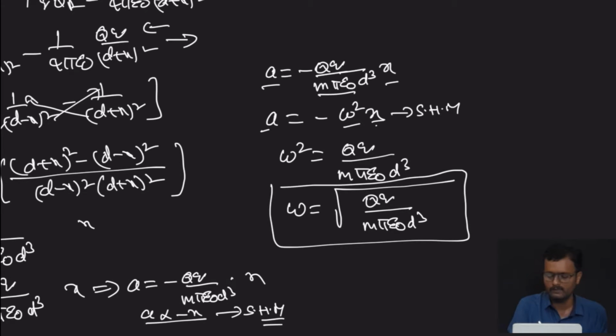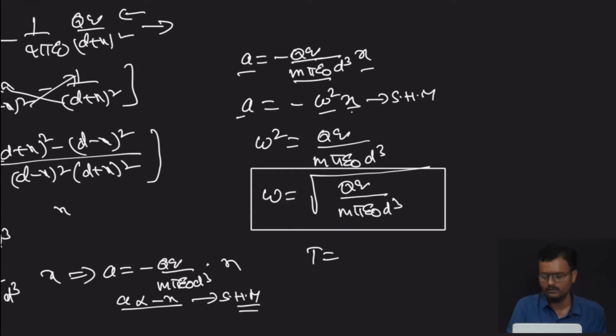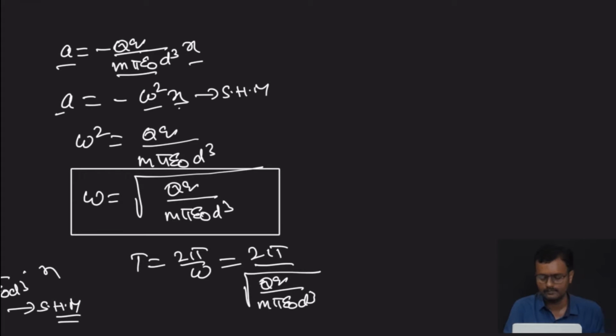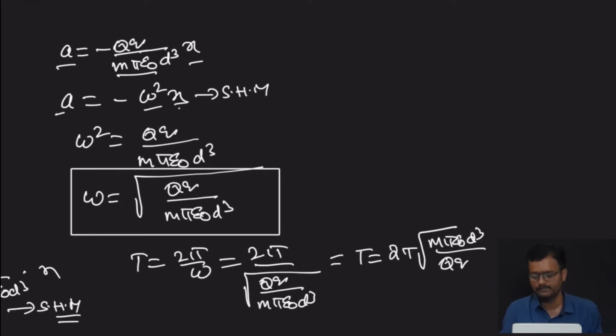This is the angular frequency. Time period is equal to 2 pi by omega. So 2 pi by square root of q by m pi epsilon naught d cube. Then T is equal to 2 pi square root of m pi epsilon naught d cube by q.